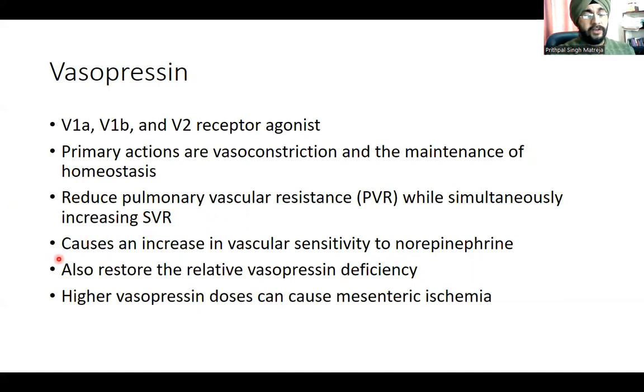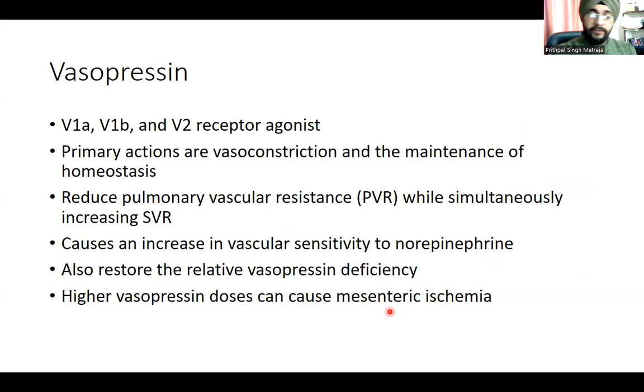Apart from this, it causes an increase in vascular sensitivity to norepinephrine and also tends to restore relative vasopressin deficiency. But there have been some concerns that higher doses of vasopressin can cause mesenteric ischemia. Another probability associated with vasopressin is fluid retention that could possibly be there when vasopressin is given.